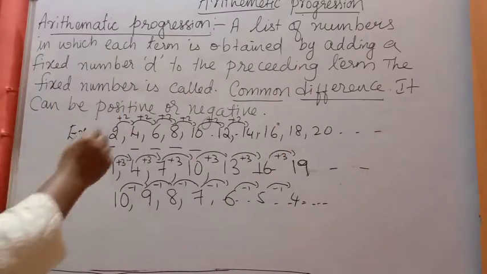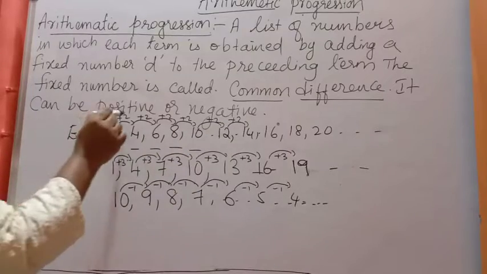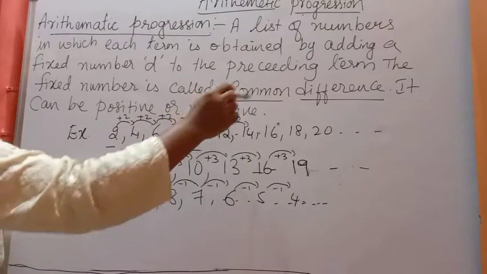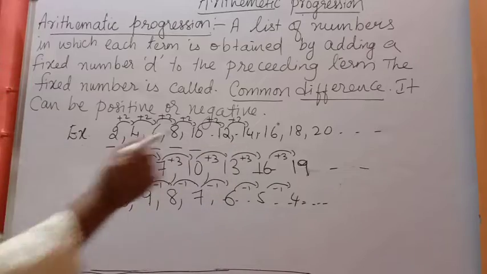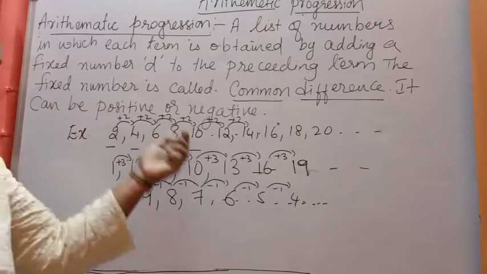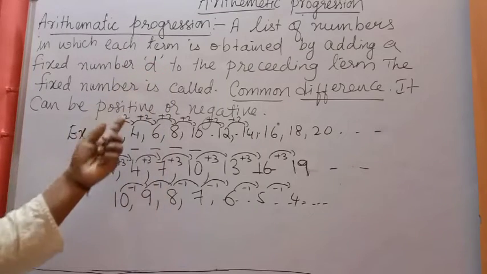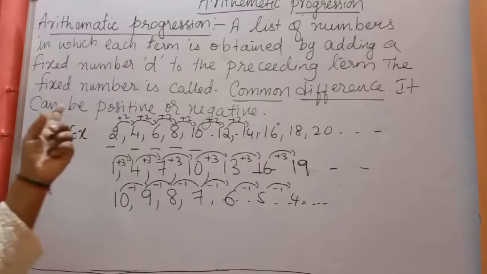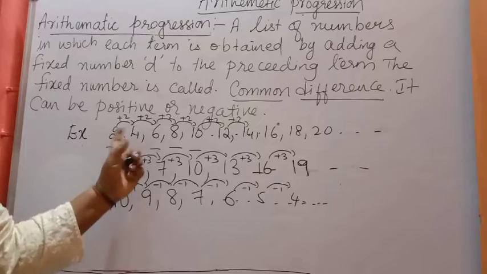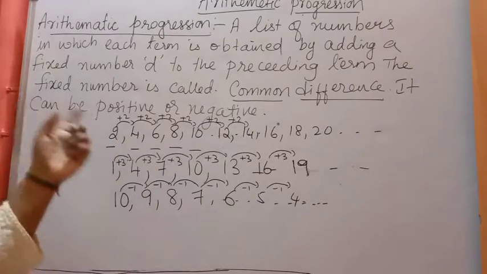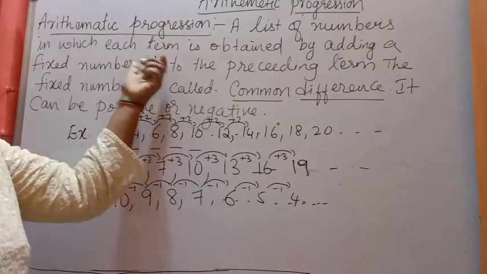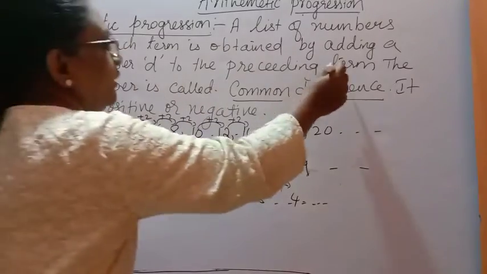We get the next number by adding a fixed number, like 2 here, 3 here, and minus 1 here. That d is nothing but the difference. If you take the difference between any two consecutive numbers, you will get the same value.